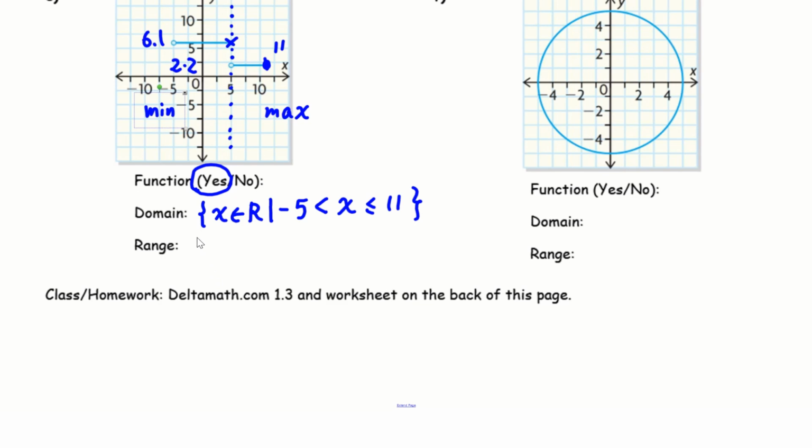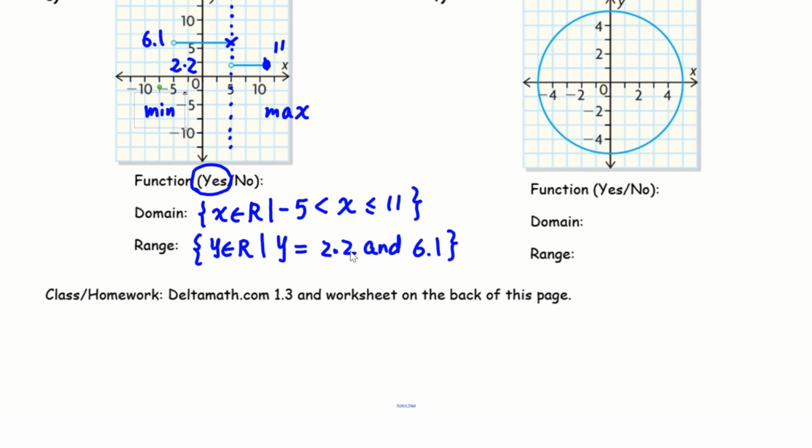So for the range, you have 2 y values only, you can just list them. So you could write y belongs to real numbers such that y equals 2.2 and 6.1.